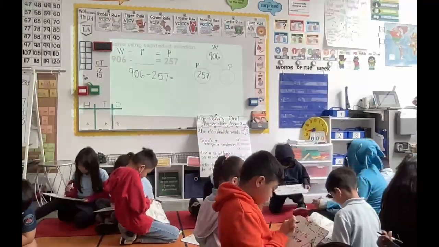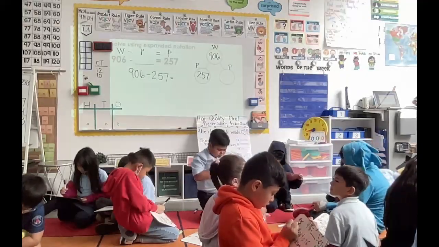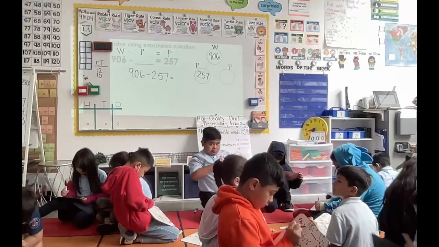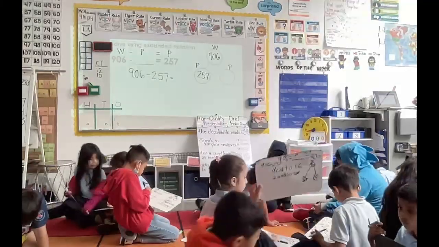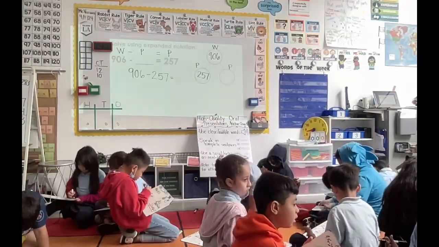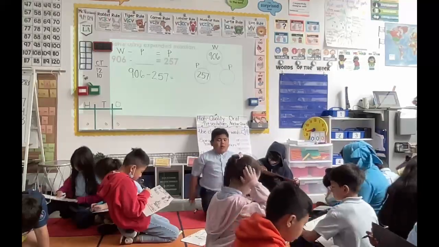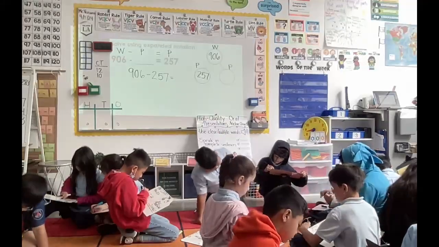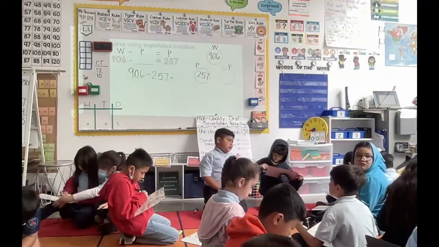Okay, so I notice that he has the other number expanded and you don't yet. Liam, do you see a difference in the way you expanded it and the way that your partner expanded it?